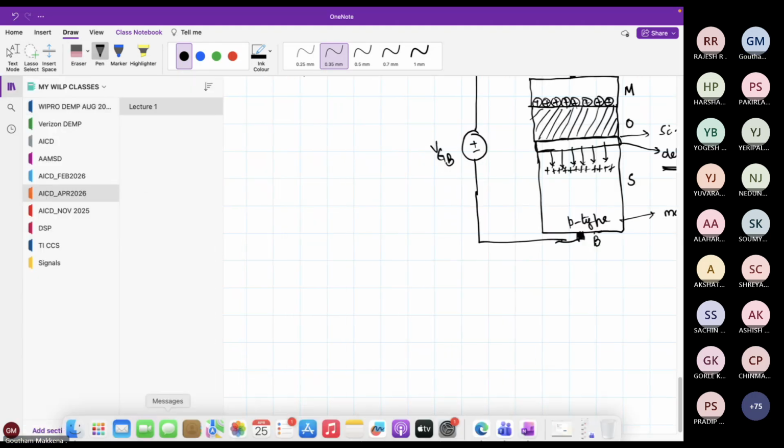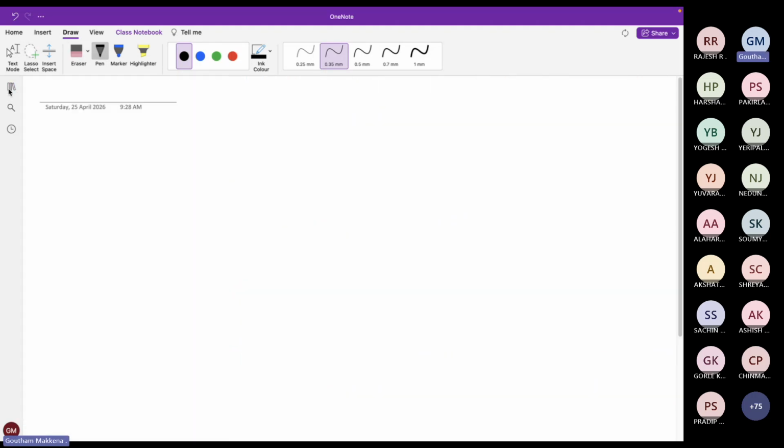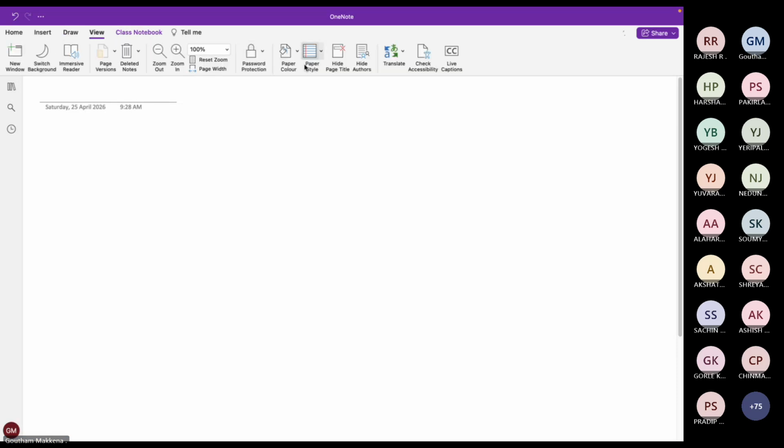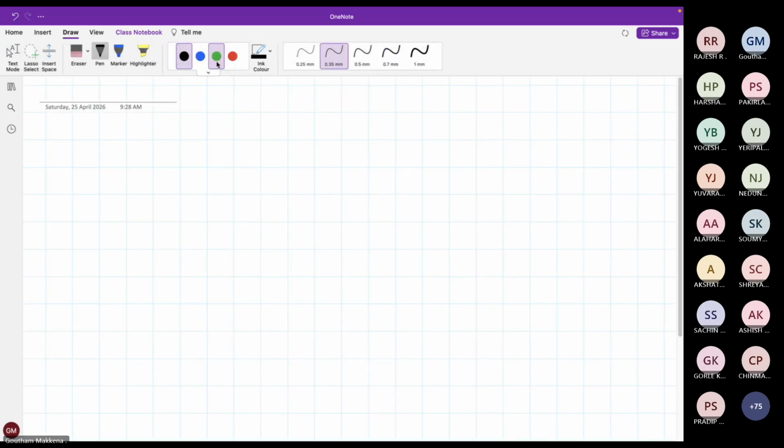So let me go to the next page. So case 3, VGB is positive and much higher. Okay, so let me copy paste that.